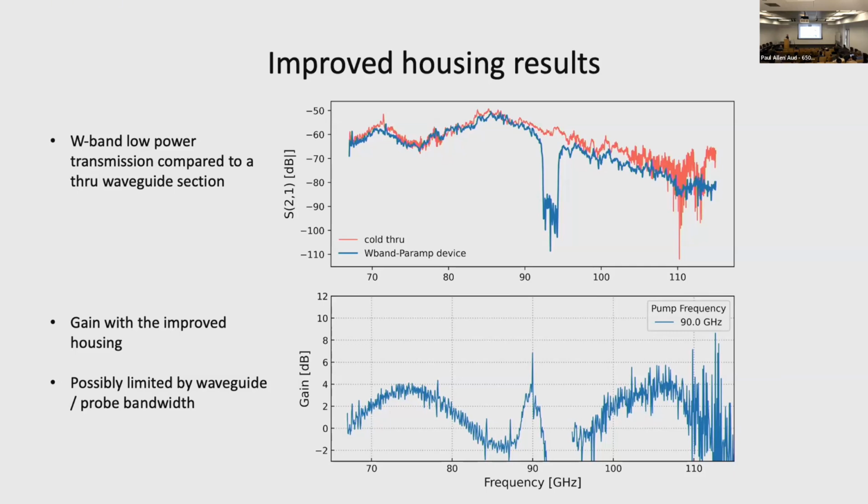You see very little difference between the two. On the bottom, it shows where we are with the gain measurements for this device. We're getting a few dB gain, so it's not working quite yet, but we think this may be limited by the fact that the gain is over too wide a band still, and so we're getting reflections at a certain pump power.